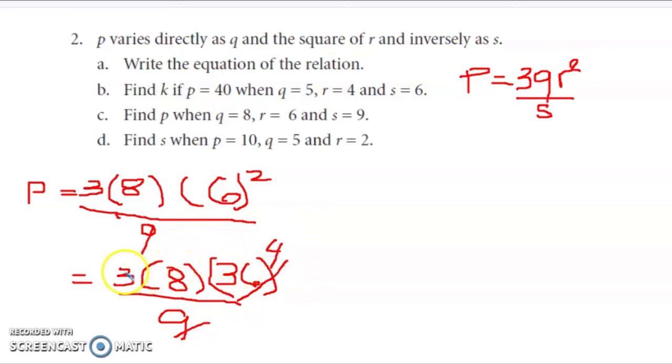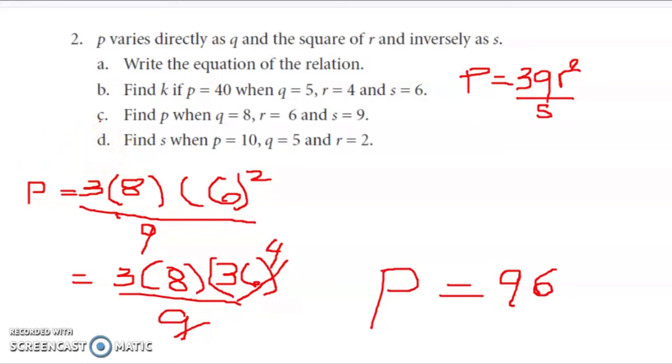So we multiply now 3, 8, and 4. 3 times 8 times 4 is equal to 96. So P now is equal to 96. Okay, so that is the answer for C.